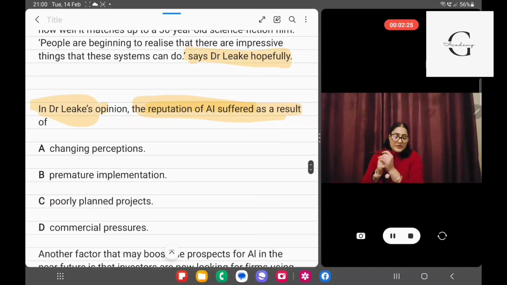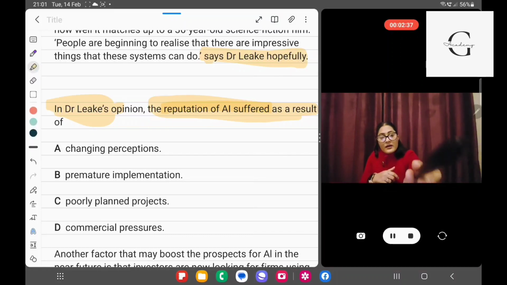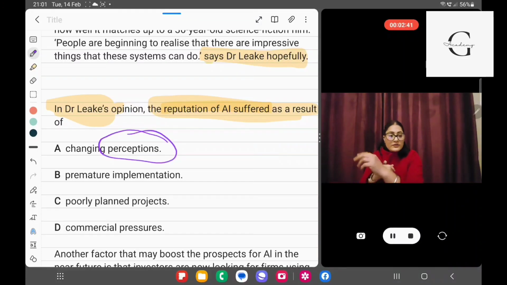It's changing perceptions, premature implementation, poorly planned projects, commercial pressures. So here this is also a synonym word. They have used the word perception here. So as you do in writing, who has the perception? Yeah, the people, how they think, how they believe, that's a perception.